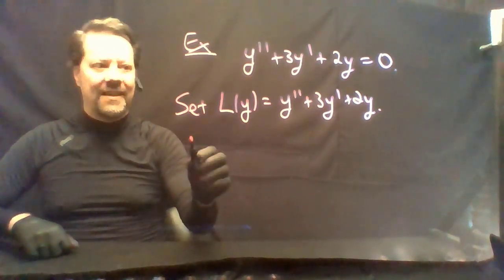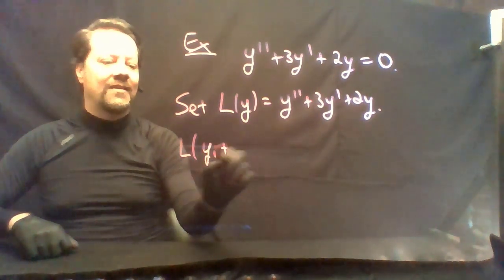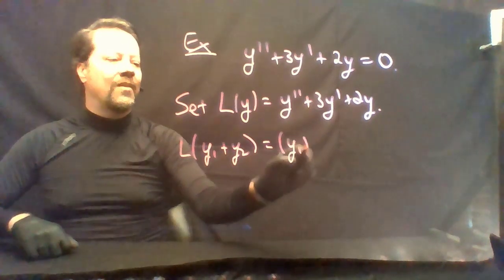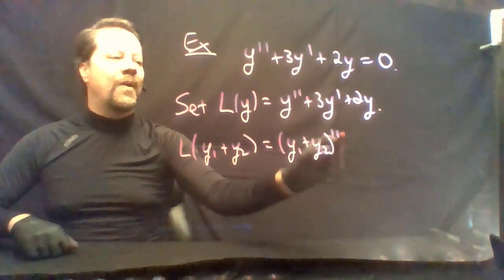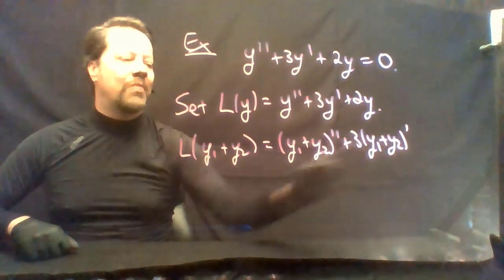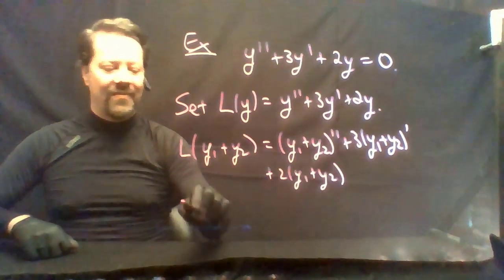Well, let's find out. L of (y1 plus y2) will be (y1 plus y2) double prime plus 3 (y1 plus y2) prime plus 2 (y1 plus y2).